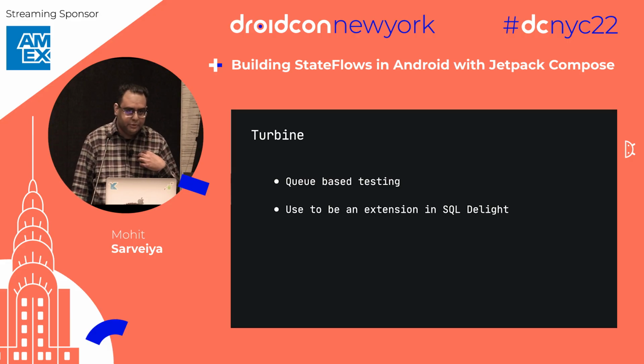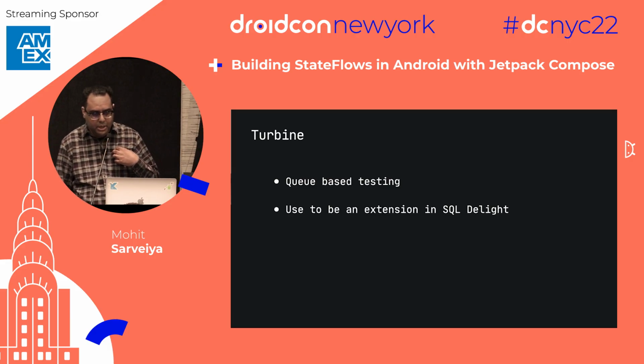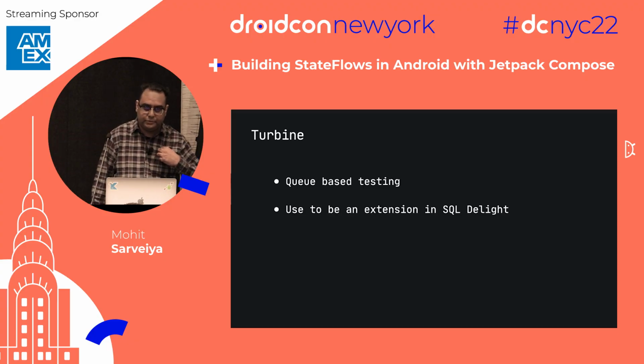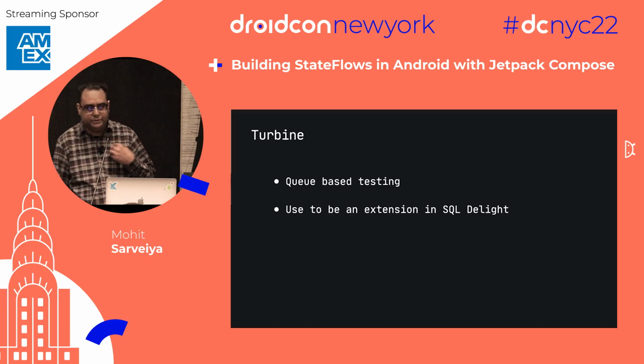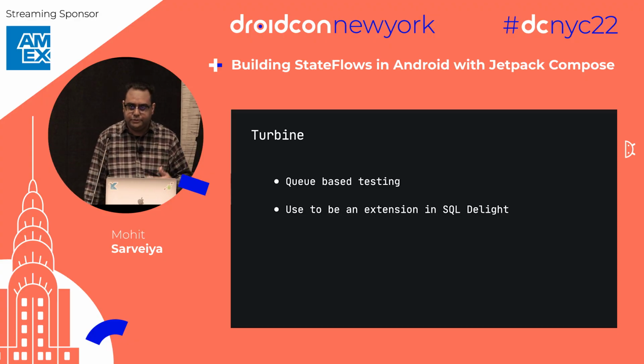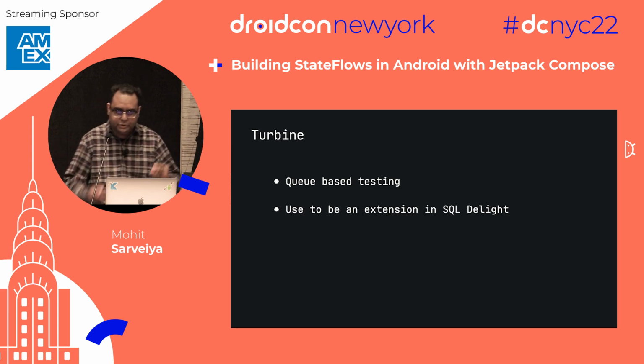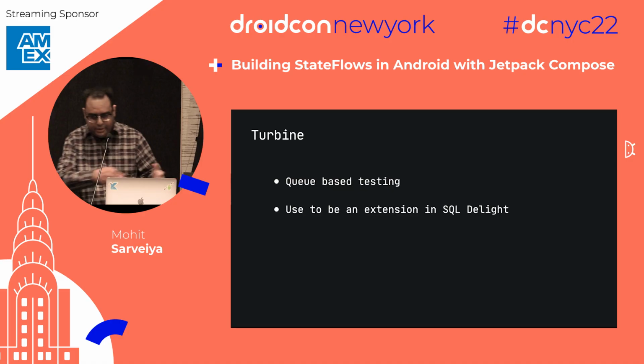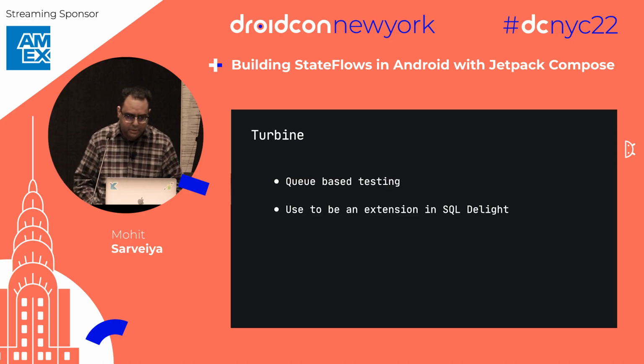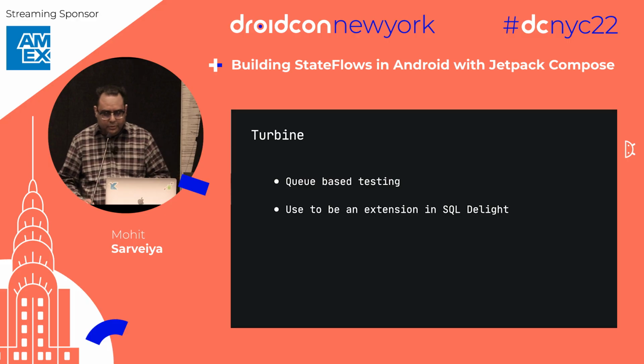So Turbine is a queue-based testing approach, and how Turbine started was back in 2019. It used to be an extension in the SQL Delight library. It used to be a pattern that we used, and Jake and Alec extracted it out into a separate library called Turbine. And the name is Turbine because of flows.